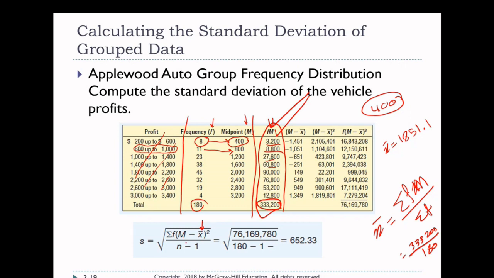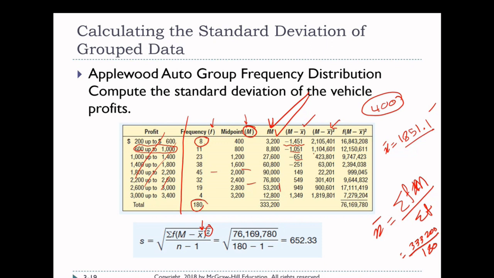Now I need to find m minus x bar, all squared. So this is m minus x bar. x bar is 1851, and 400 minus 1851 becomes minus 1451. This is m minus x bar. I'll do the same for all classes. Here is m minus x bar all squared.